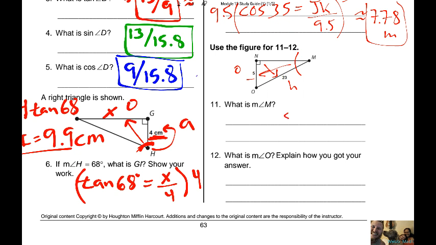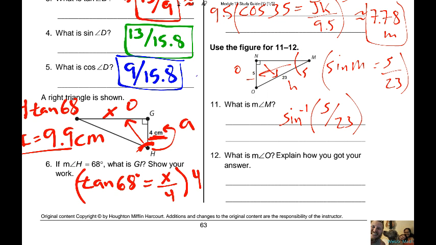So the inverse of sine of the opposite over the hypotenuse. Again, remember, originally you had sine of angle M equal 5 over 23, and now I'm just applying the inverse sine. That's what's happening.